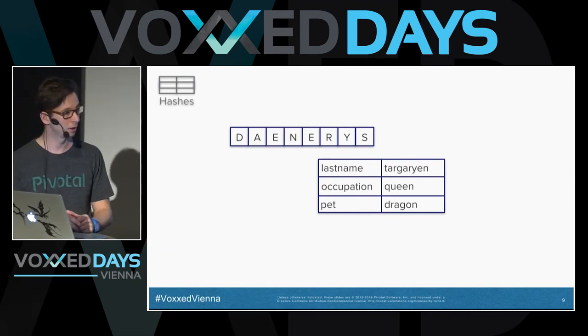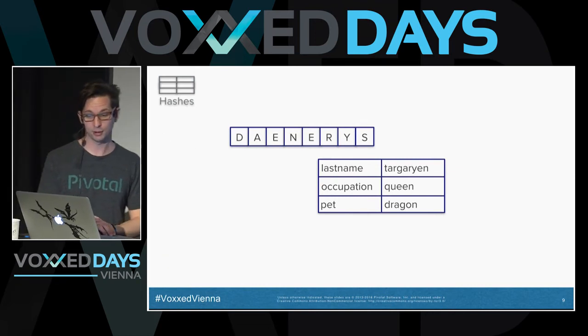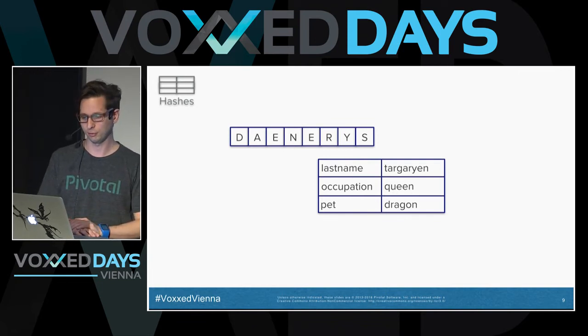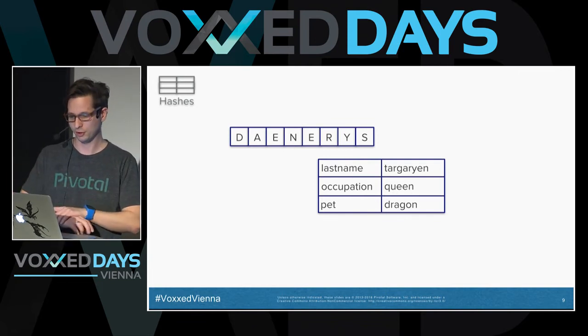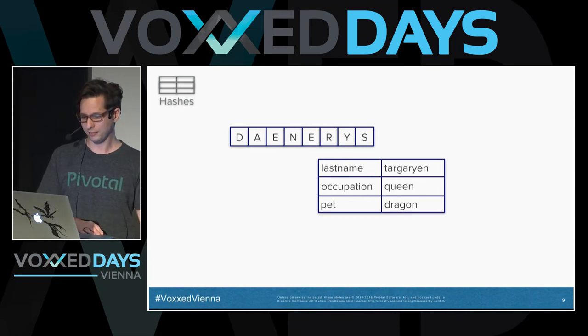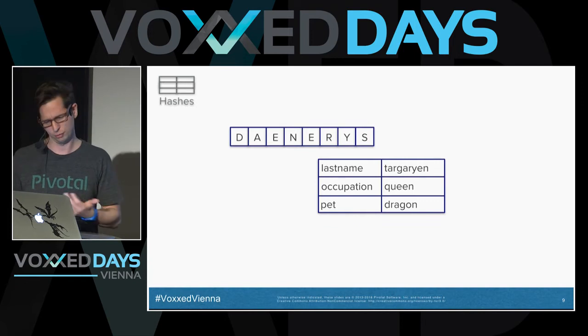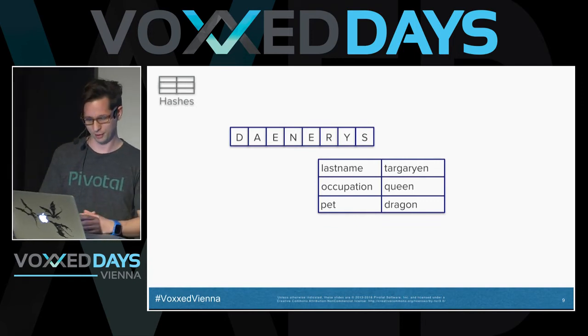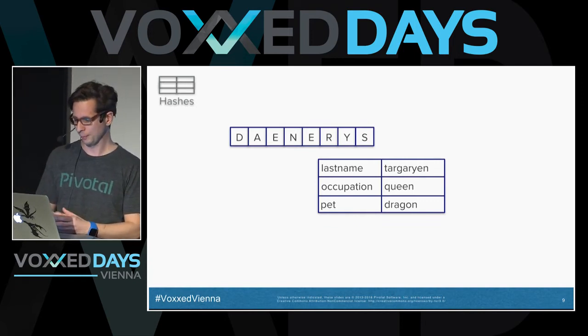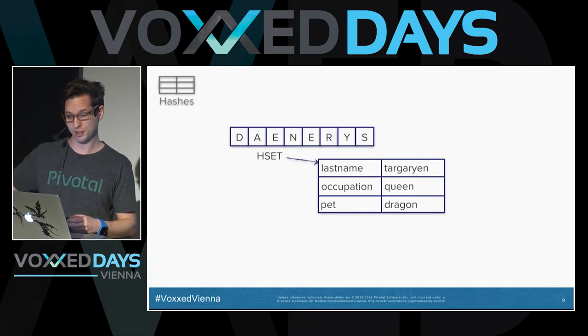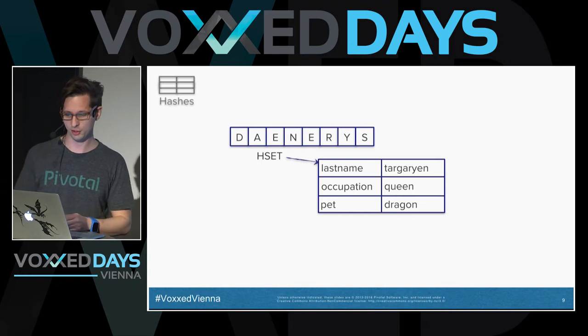We got hashes. Here we have Daenerys, and we stored all her properties, let's say, as key values, as a hash inside a hash. And so we got the last name, Targaryen. She's obviously a queen, and she has a pet, or 3 of them, 3 dragons as pets. And we can set something calling the hset command, which would set a key within the hash inside.